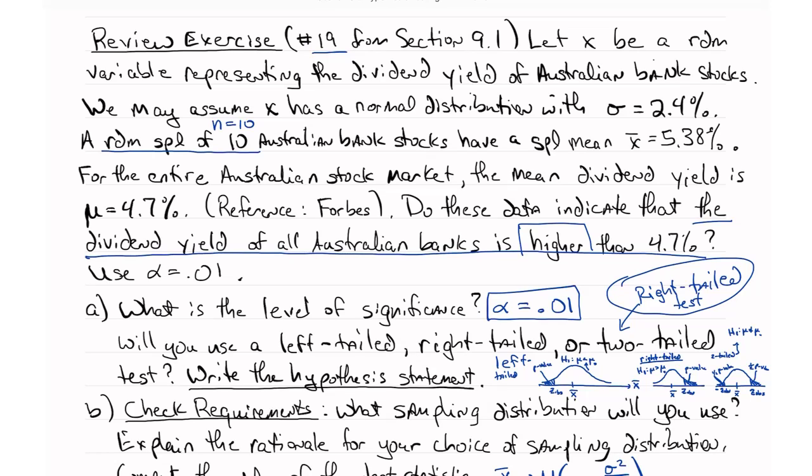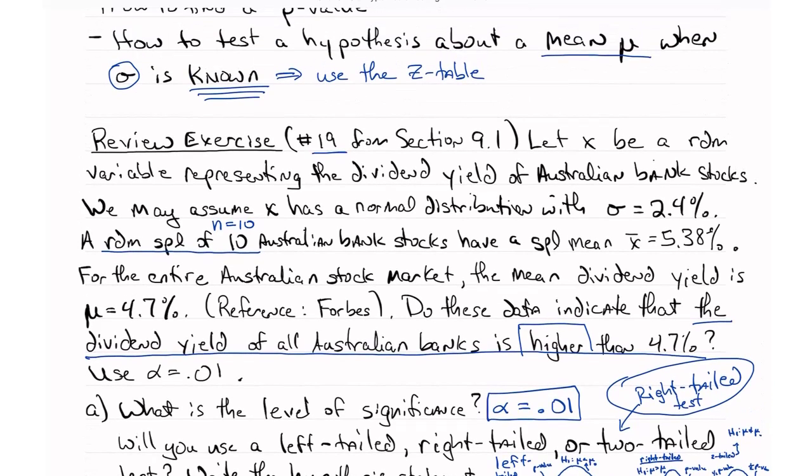But it does say, let's see, we may assume that x has a normal distribution. And we learned that if we have a normal distribution for the data, then x bar is also going to have a normal distribution, which is very nice.